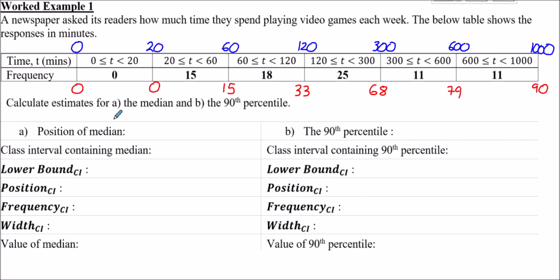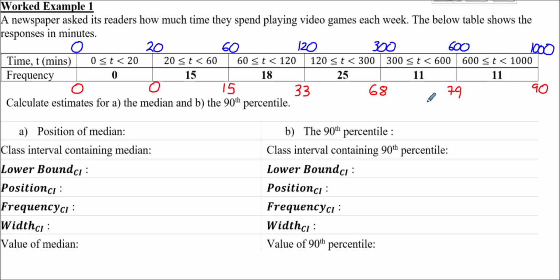So now what we need to do for part A is calculate an estimate for the median. First of all, we need to think about what position the median would be in. Well, we've got 90 values, so the median will be halfway along, and because it's continuous data, we don't need to think about adding one on or anything like that.